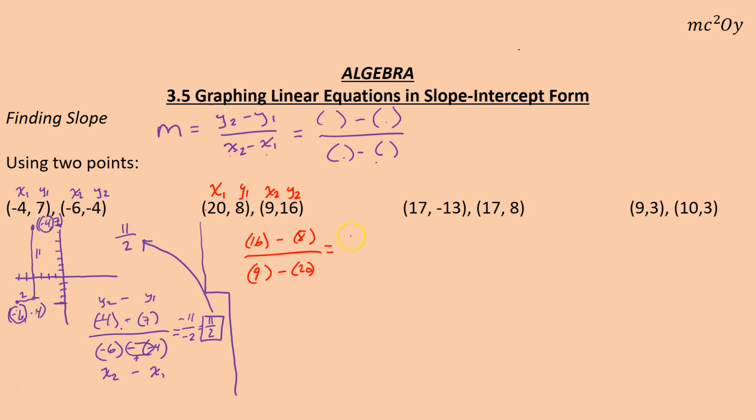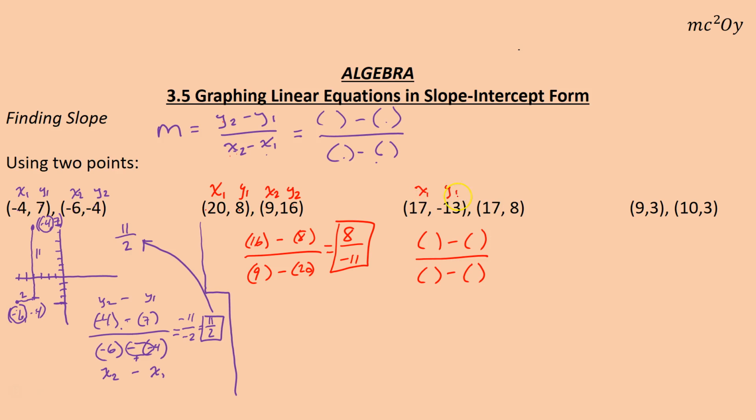And 16 minus 8 is 8. And 9 minus 20 is -11. So my slope is -8/11. And it doesn't matter where you put that negative sign.